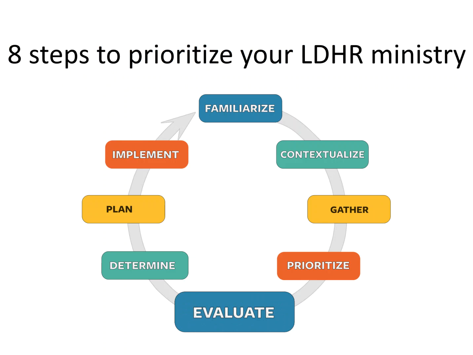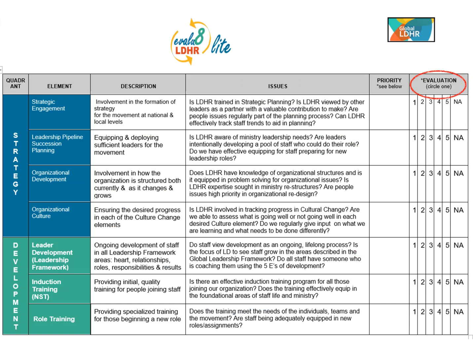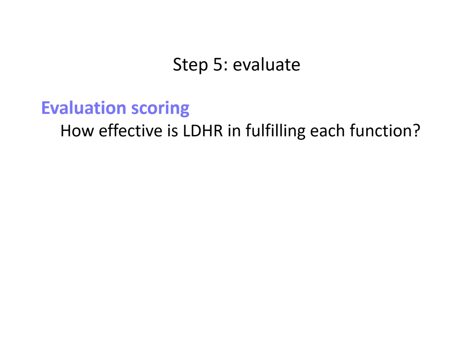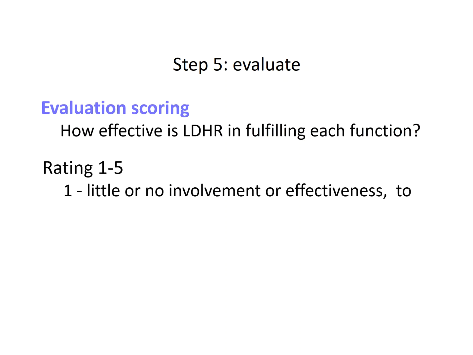Step 5 is evaluate, which is dealt with in the last section of the tool. Here we're trying to honestly assess our effectiveness as an LDHR ministry in fulfilling each function. For the rating, you can use a scale of 1 to 5, with 1 representing little or no involvement or effectiveness, and 5 representing very effective.